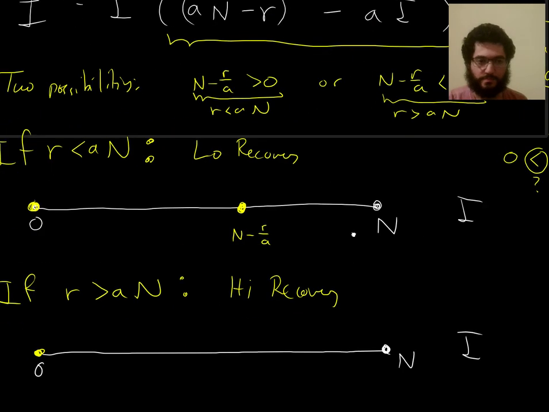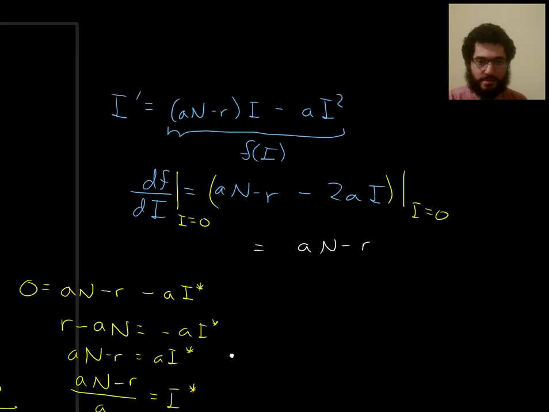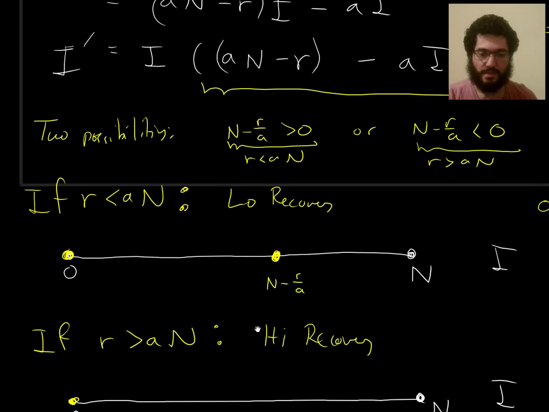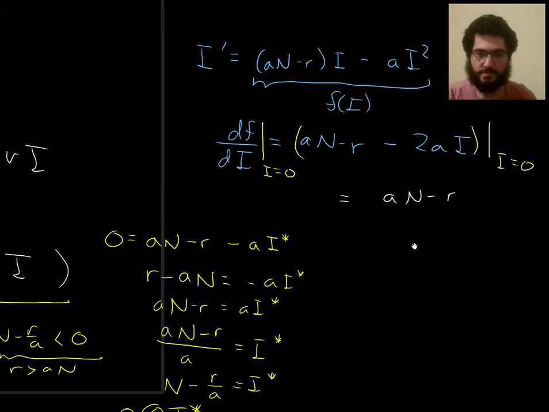Now, let's go back to here where we were analyzing the stability for 0. We evaluated the derivative of the right-hand side with respect to I at the critical point 0, and we got this. And this is going to be positive exactly when an minus r is positive, which is when r is less than an, right?